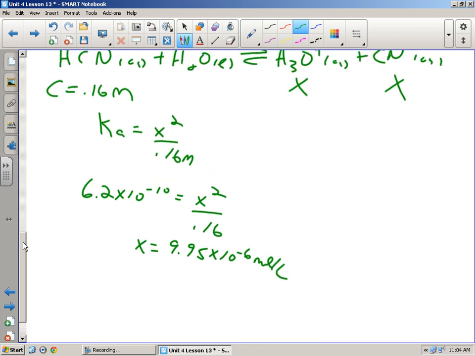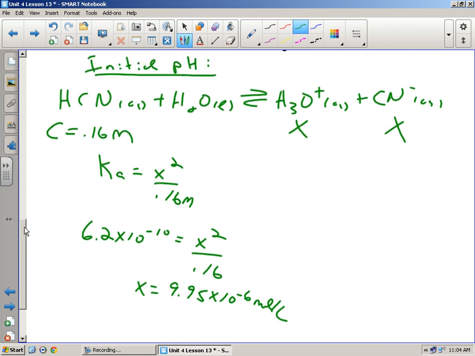So remember, Ka is the value that tells you how much it breaks up, right? That's what it is, a percentage. So when I start with 0.16 molar there, I actually only get 9.95 times 10 to the negative 6 moles per liter of hydronium ion. Not very many. Figure out the pH. I take the negative log of that.